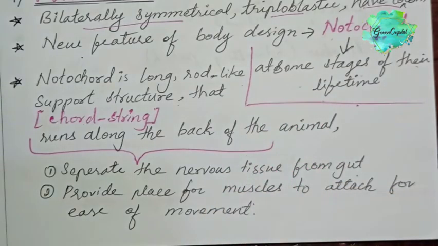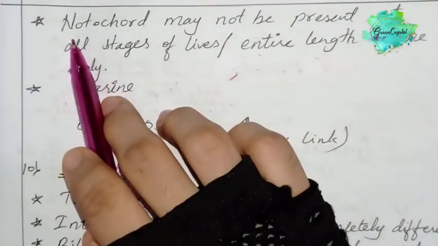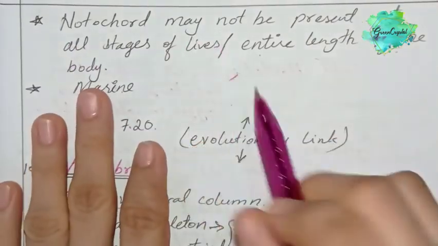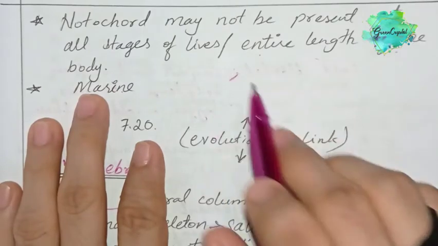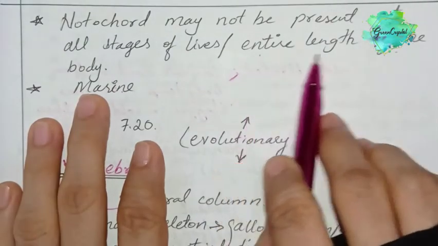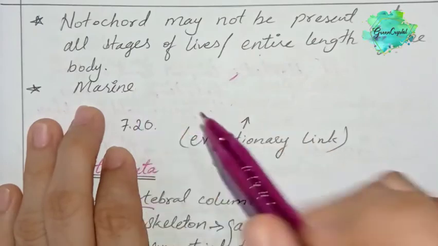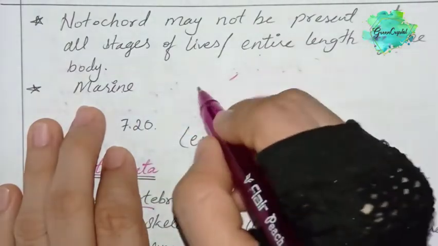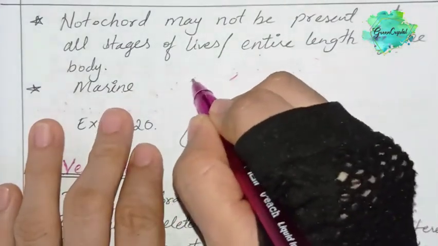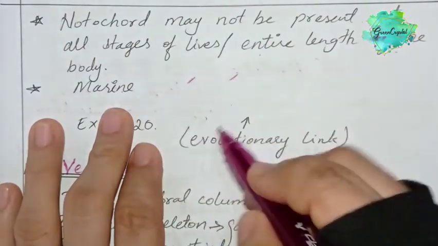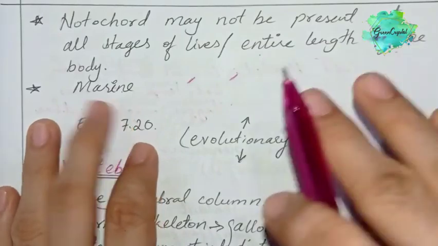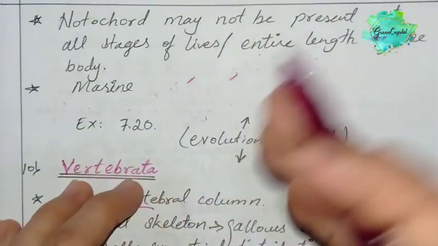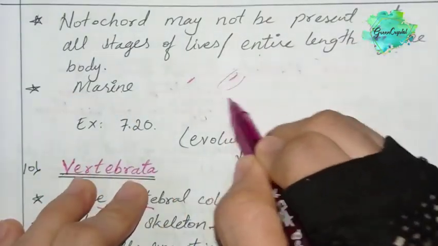The notochord may or may not be present at all stages of life, but where present it runs throughout the entire length of the body. At some stage of life, in some organisms it may be present in one part of the body, and in other organisms at some other stage of the lifetime.